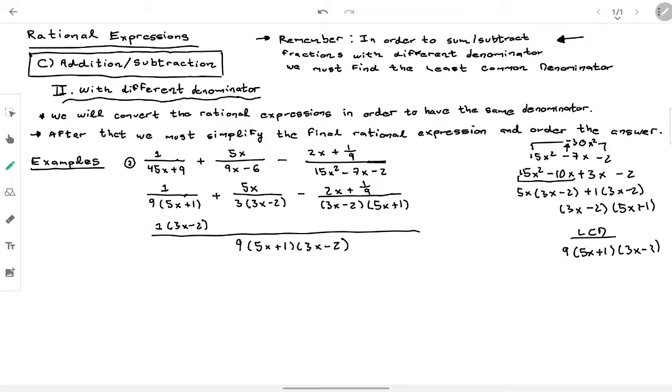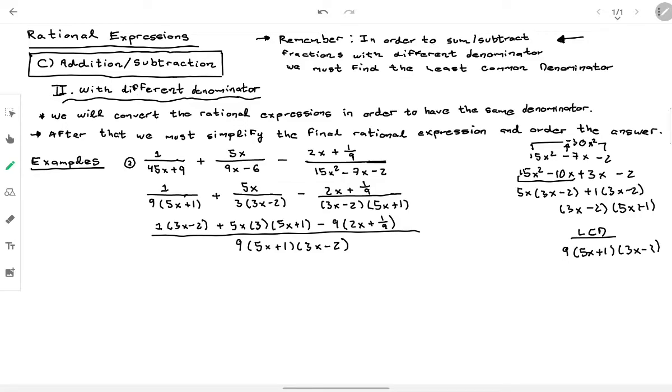On the second one, we are missing a 3 because we need a 9 and we only have a 3. And we are missing the 5x plus 1. And on the last one, we are only missing a 9 because we got both parentheses.